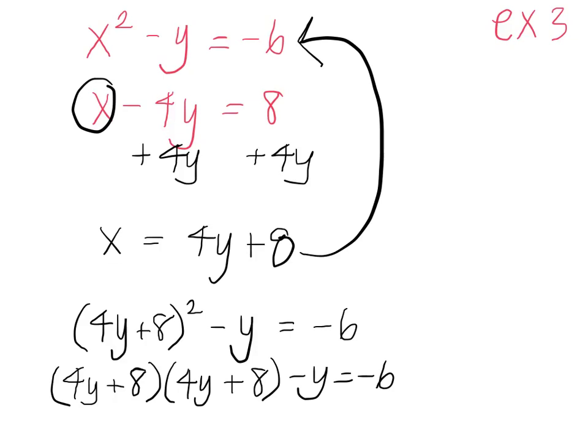So let's FOIL that out. You get your first, which is 16y squared. Your first, your inners, your outers, that's 32y.